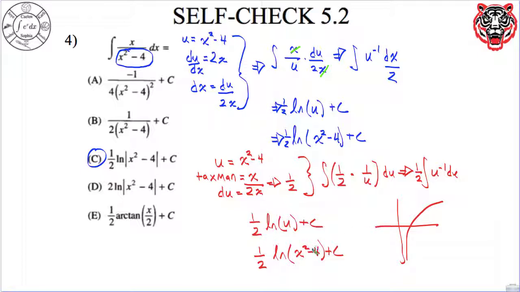So when I'm going backwards, I need to make sure that we don't accidentally get something in here that's negative. So to avoid that, we always say it's the natural log of absolute value of all of this, x squared minus 4, plus c. Now it's impossible for this to be a negative. It's impossible to give us a domain error.